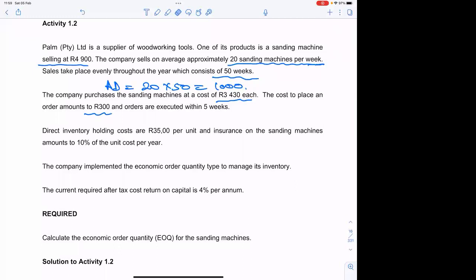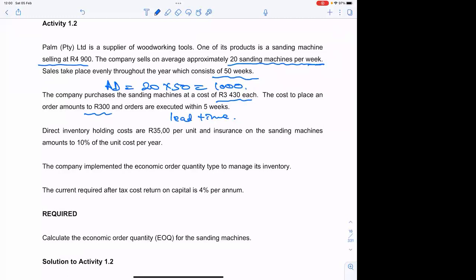Sometimes they call it the lead time. So if you get this word, the lead time, you just know that it is the time between ordering and the receiving of the goods.